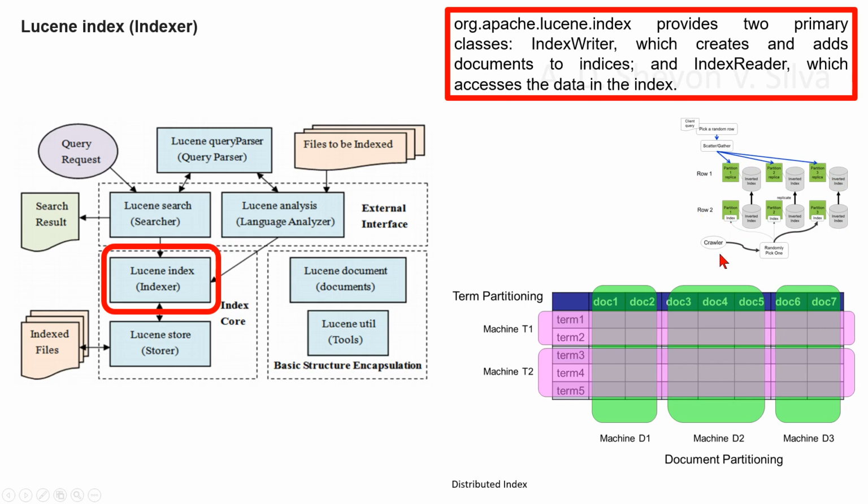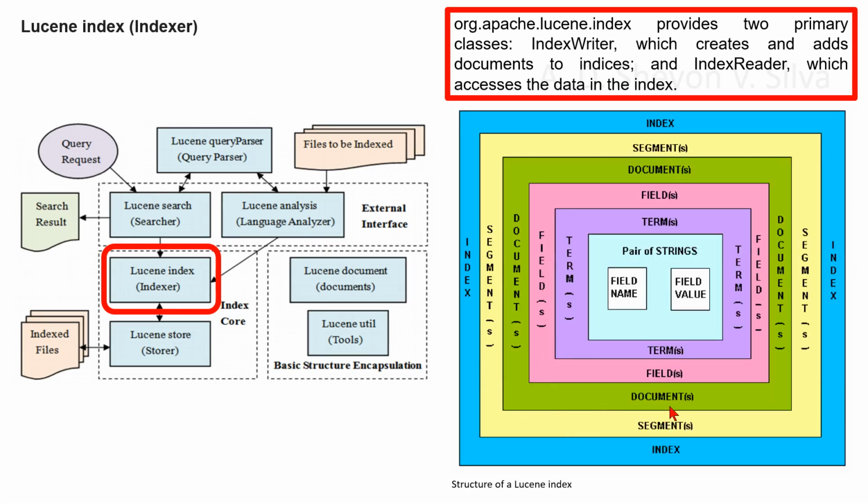Here you can see the crawler randomly picks one, and here you can see the indices and the inverted index. Each inverted index is connected to the corresponding partition in row 1, and in partition 3 the inverted index is connected to this one.